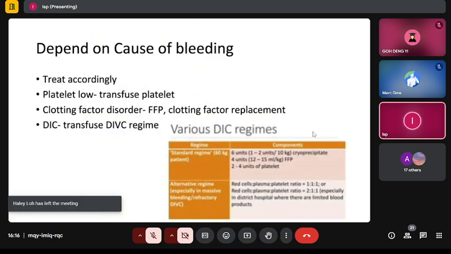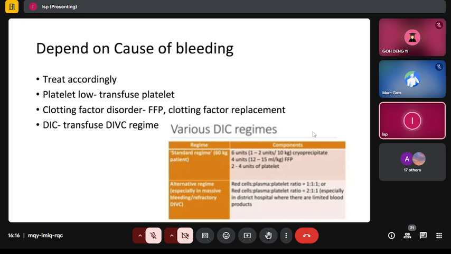Alright, so if you know there's a disorder with the bleeding, what do we do? A lot of the time we'll be treating the number to stop the bleeding while we wait for further workup to find out the underlying cause.